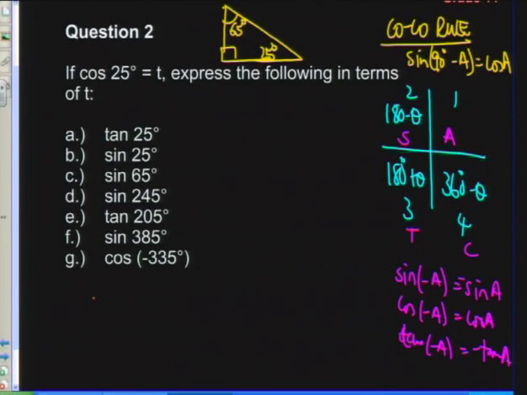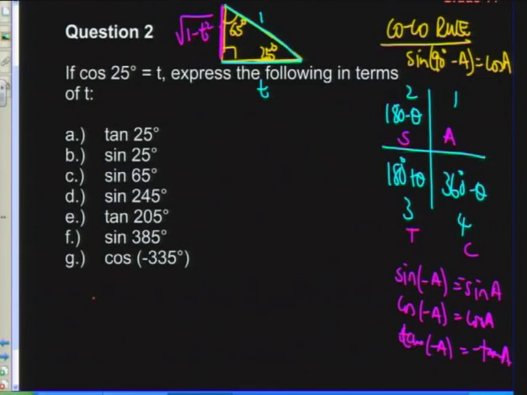And if cos of 25 is t, it means that my adjacent side, this side here, is t, and my hypotenuse is 1. So that's my given information, and I could actually work out this side over here by using Pythagoras. So this side would be the square root of 1 minus t squared, just by using Pythagoras.